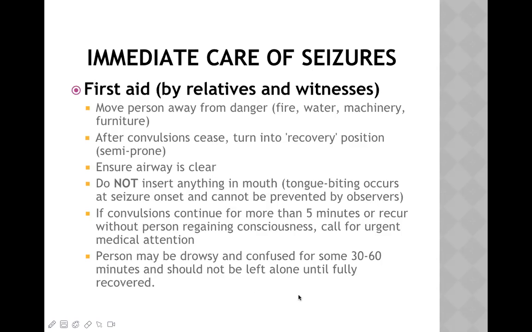Another important point, if the person is drowsy and confused for some 30 to 60 minutes, we should not leave the person alone until fully recovered. And if the seizure continues to come for more than 5 minutes, transfer the patient quickly to the hospital. These are the different things we have to consider.